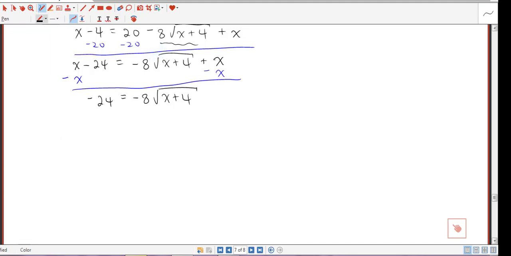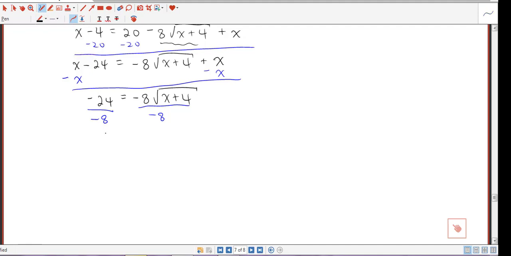Because if I square this right away, I better square this whole thing, right? I'm going to have to square negative 24 and then negative 8 and then square the radical. Which is fine, it's not too bad, but I want to make my life as simple as possible. So let's see what's going to happen if we divide by minus 8 on both sides.